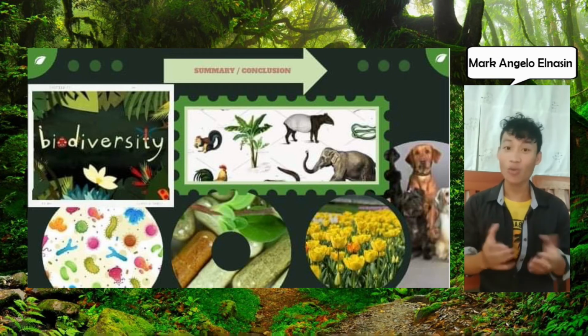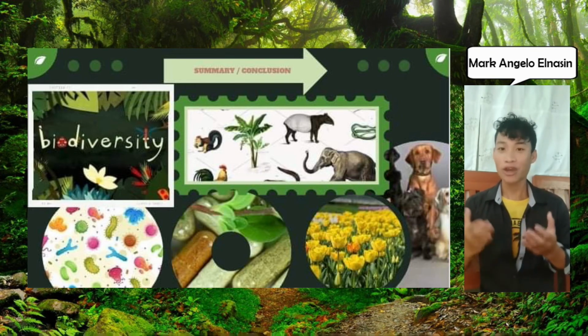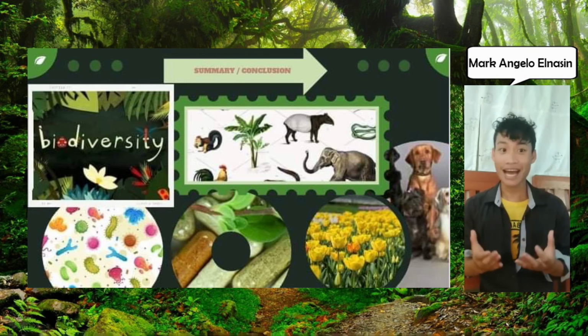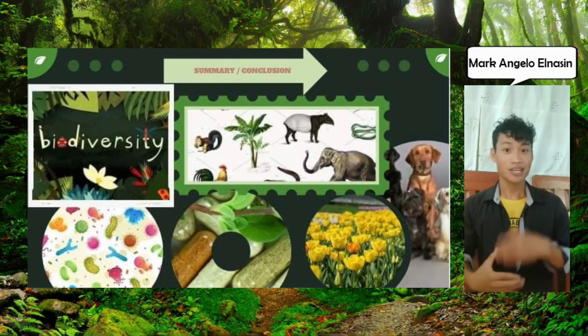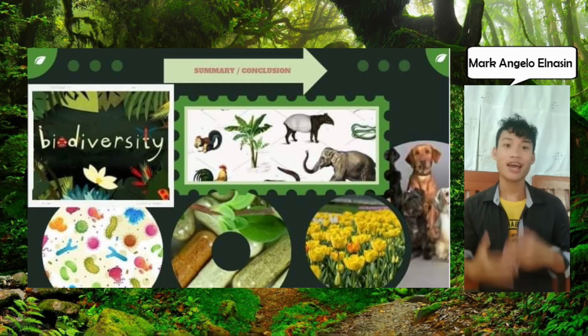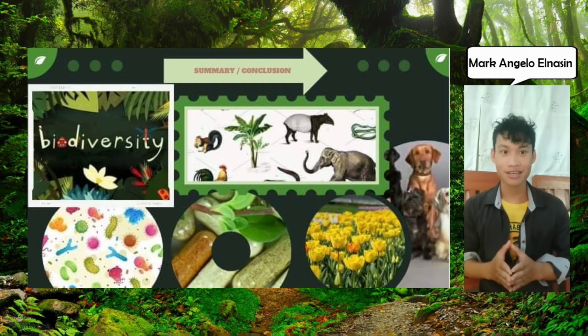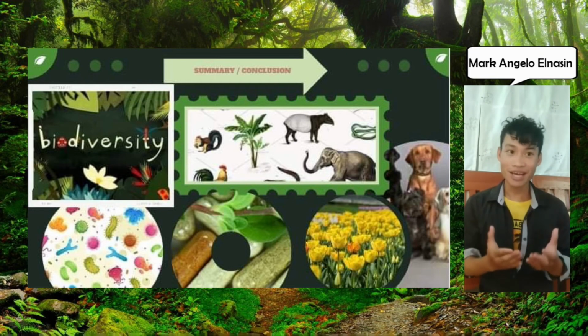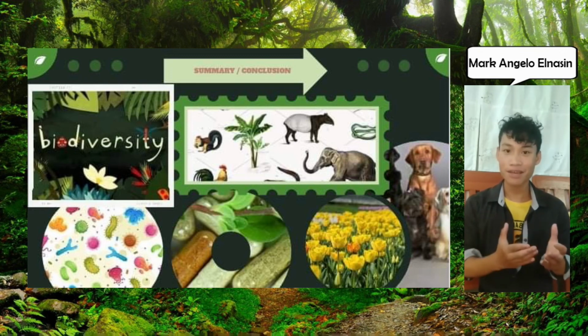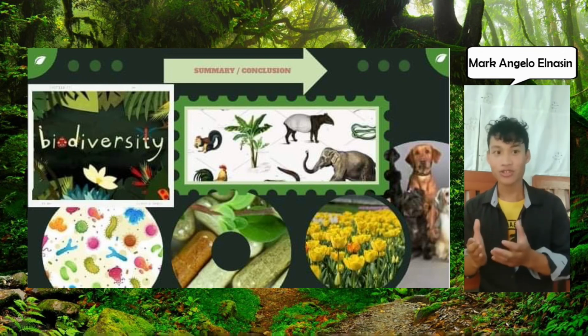As mentioned a while ago, biodiversity consists of three kinds: genetic biodiversity, species biodiversity, and ecological biodiversity. So, these factors help to preserve the ecological system and functions.